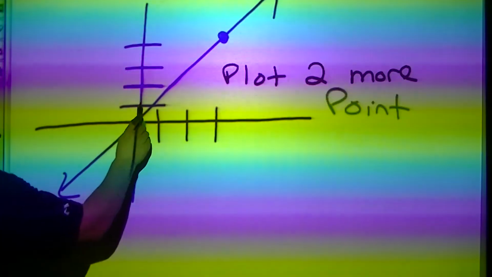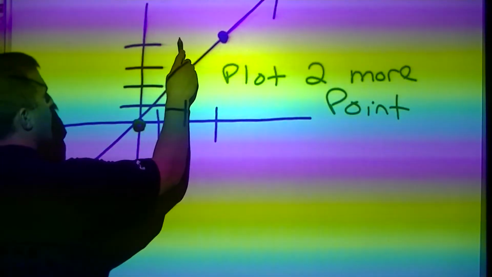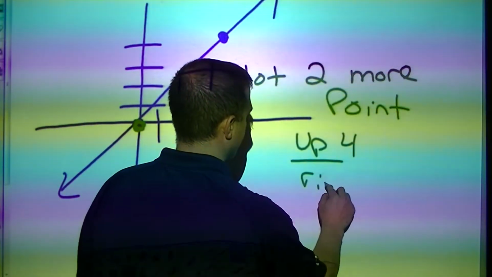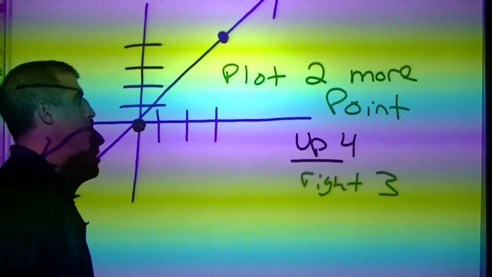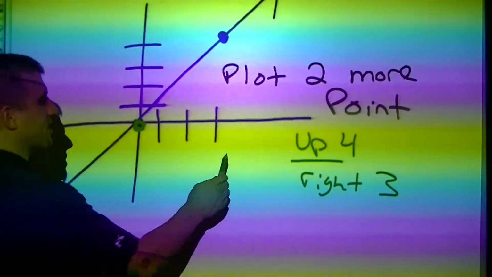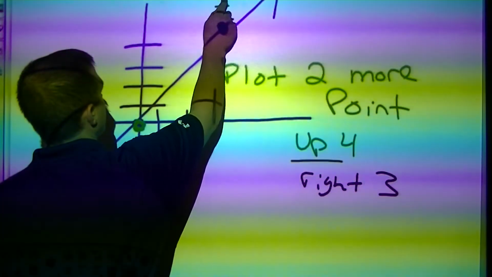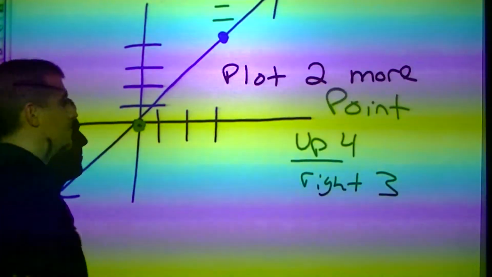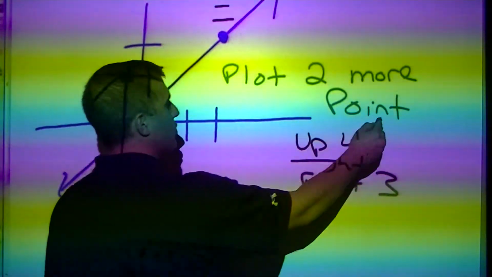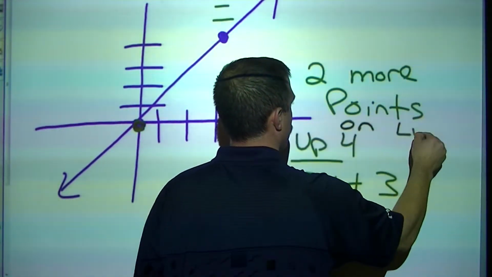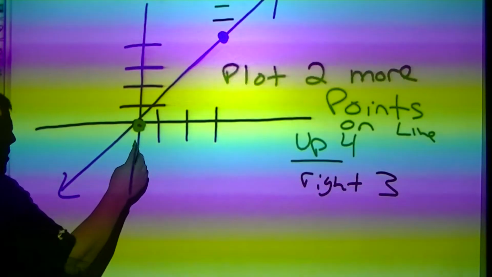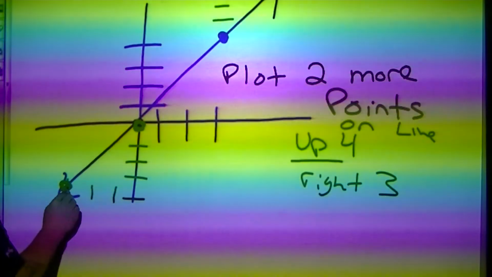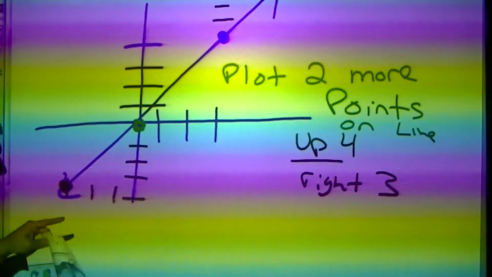Well, I went up 1, 2, 3, 4 over 1, 2, and 3. So I went up 4, right 3. That is basically your slope. So to get 2 more points, if I went up 4 more, 1, 2, 3, 4, up 1, 2, and 3, there'd be a point right there. So basically I'm graphing 2 more points on the line. I can also go back this way, 1, 2, 3, 4, 1, 2, and 3. The bottom line is you want to keep that relationship.